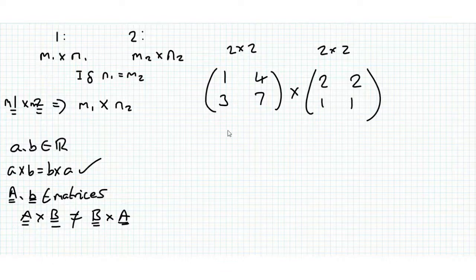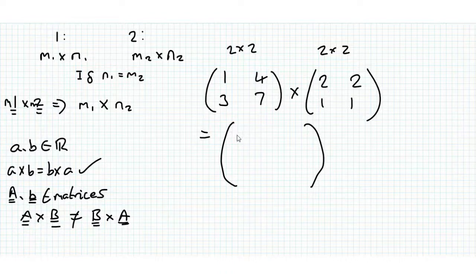And the nice thing about this is square matrices multiplied by a matrix of the same size just give another square matrix of the same size, because you can see the inner dimensions and outer dimensions of both these matrices are the same. So we know we're looking for a 2 by 2 matrix.